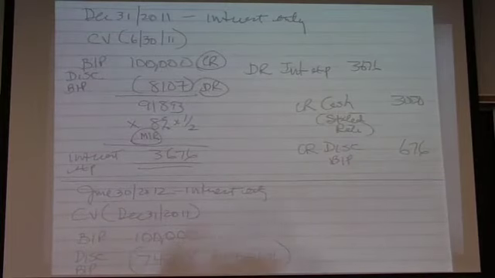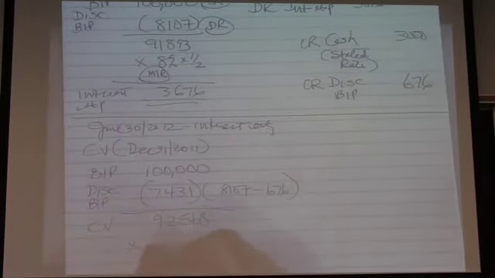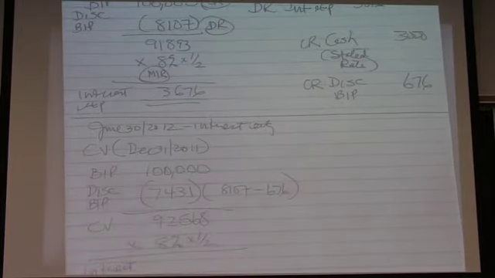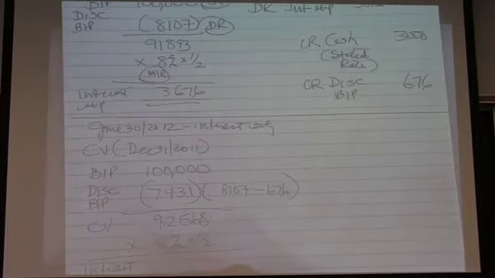So carrying value as of that date is 92,568. We're going to multiply that by market rate of 8% times 1/2 again. You'll see that the interest should be going up. It should be higher because now our liability is increasing, isn't it?